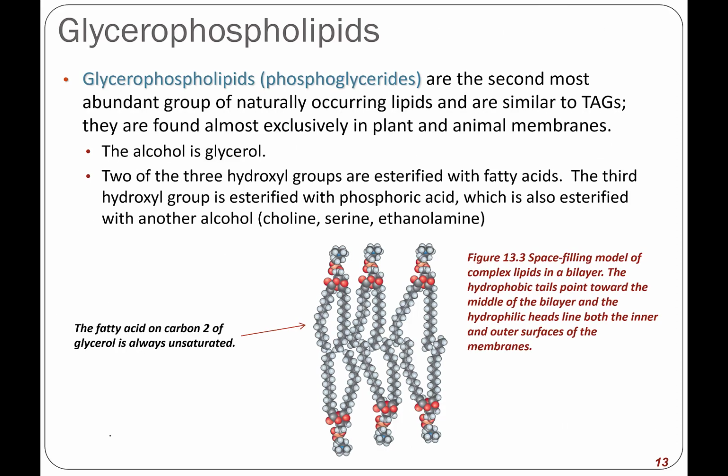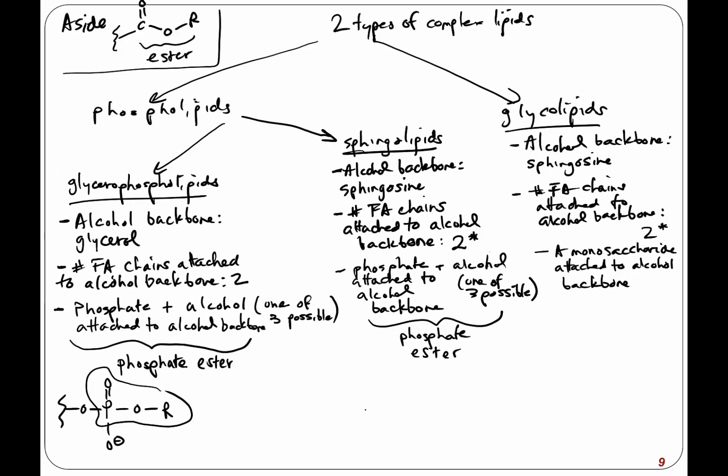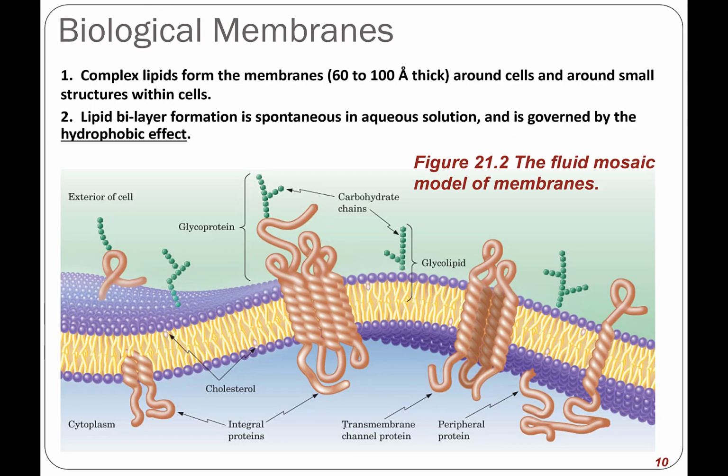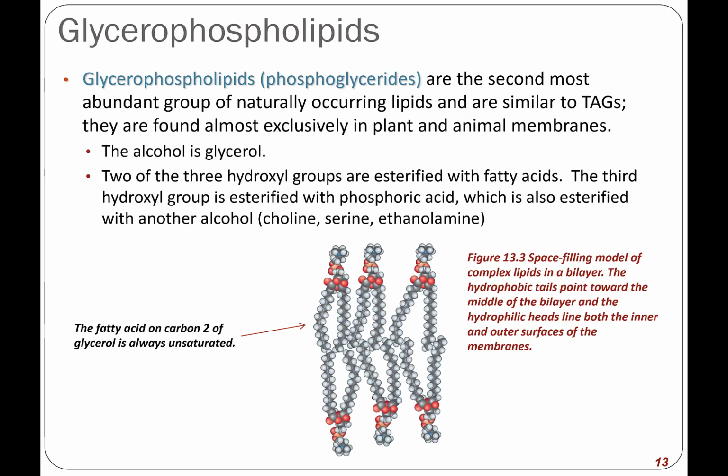Okay. So now let's come back to specifically, if we go all the way back here, let's specifically discuss each of these classes of complex lipids, and let's at least give one example of each. So you see some information here. We'll discuss all that as we write these out.